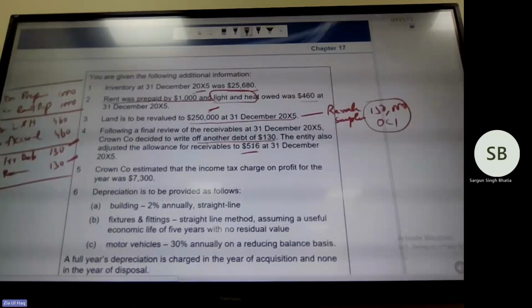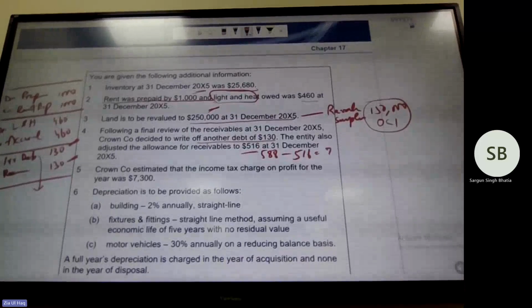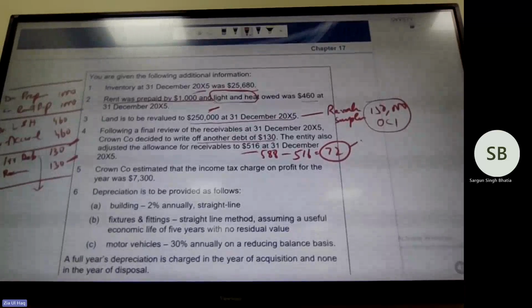This 72 should be deducted from irrecoverable debt in the profit and loss account. So 588 minus 516 is equal to 72. So this should be deducted from irrecoverable debt in the profit and loss account.